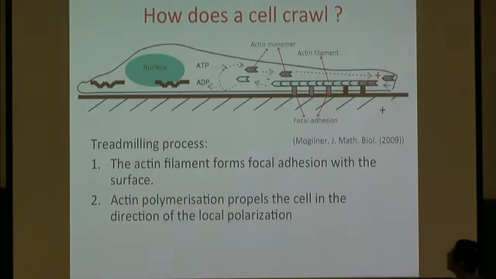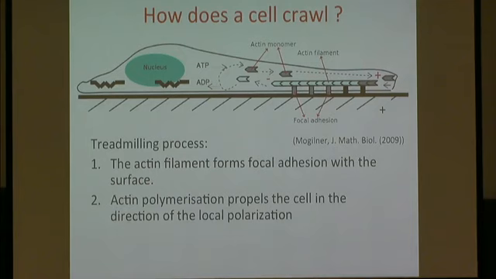This is briefly the mechanism of cell crawling from the microscopic point of view. Here we have a cell, and the actin filaments inside the cell are polarized to the right. That means the cell is going to crawl to the right.